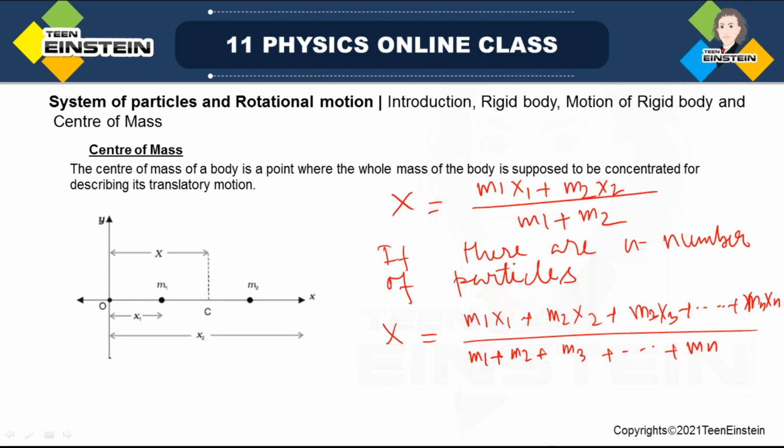See, this expression can be written in a very short notation. I'll first write the notation and then explain. Suppose this is mi xi, where i goes from 1 to n, if there are n number of objects. In the denominator also we can write mi, where i goes from 1 to n again.